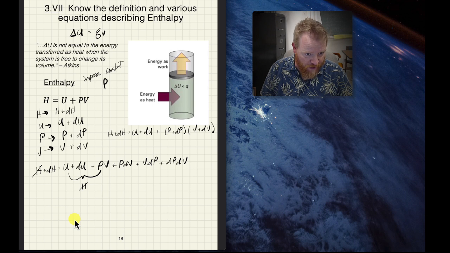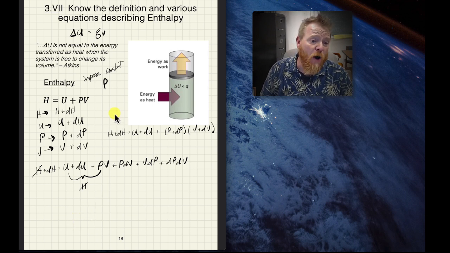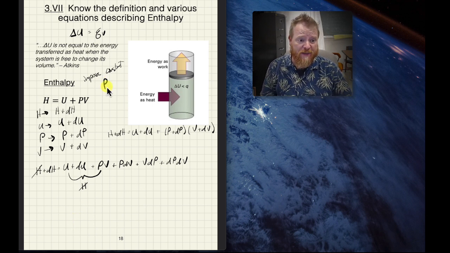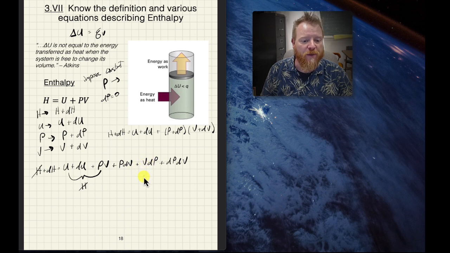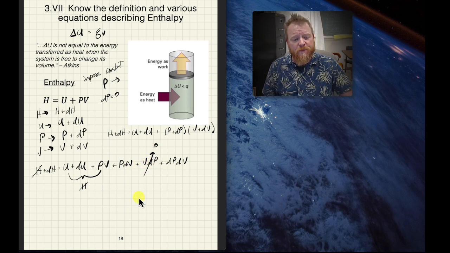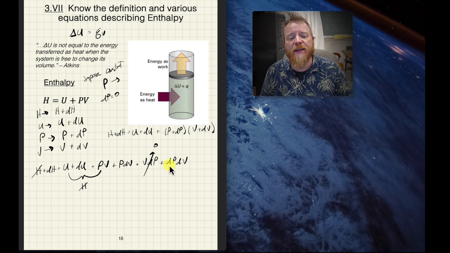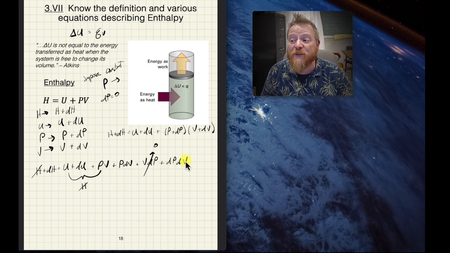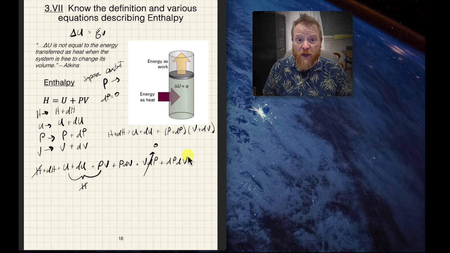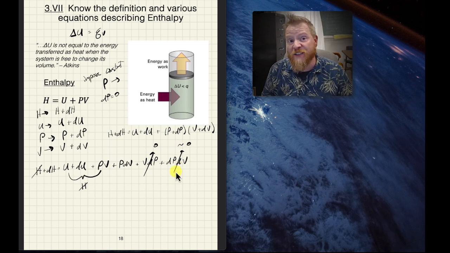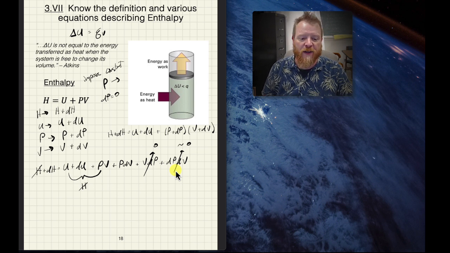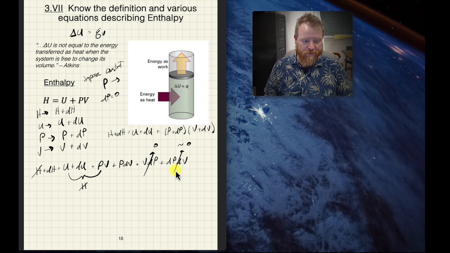We've imposed that pressure must be constant, so dP is equal to 0, and that term will drop out. Finally, dP times dV is two infinitesimally small changes multiplied by each other, so we will approximate that as 0. Two very, very small things multiplied together give an even smaller thing.